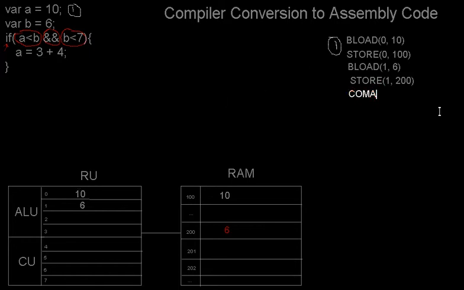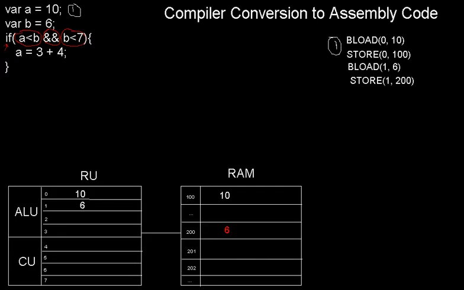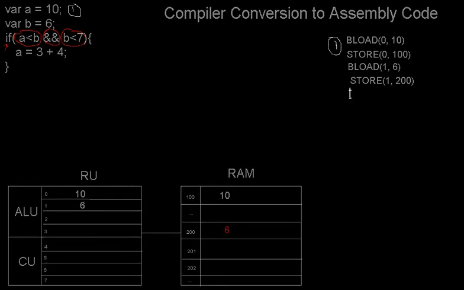We want to compare the address, correction, register 0, because that's where A is, to register B, which is in register 1. And we'll store this in, we haven't used 2 yet, so we'll just store it in 2.